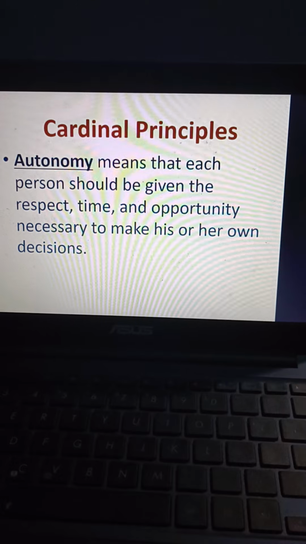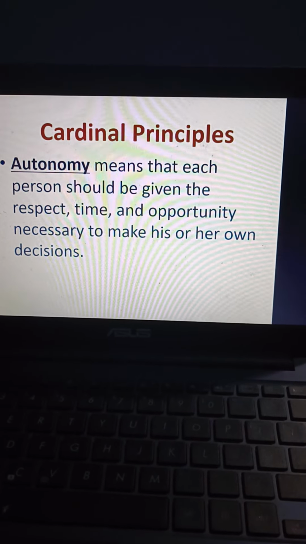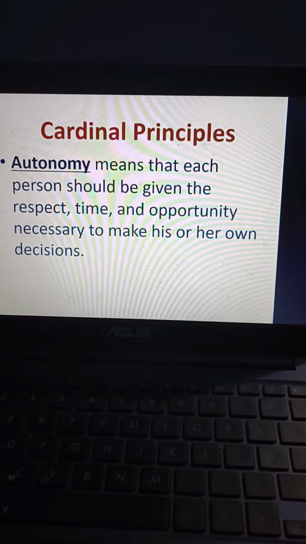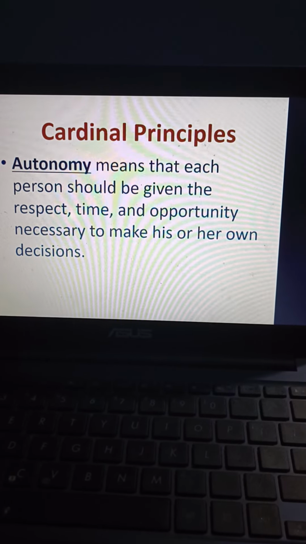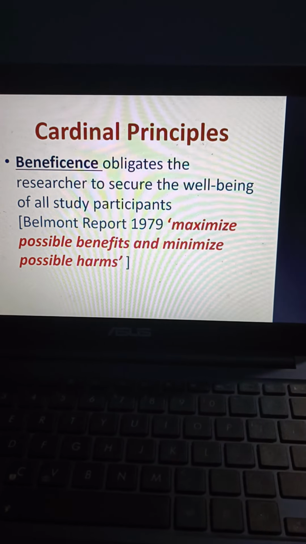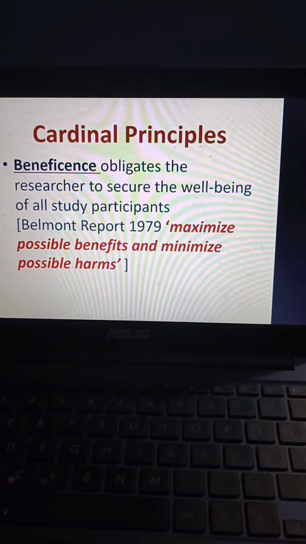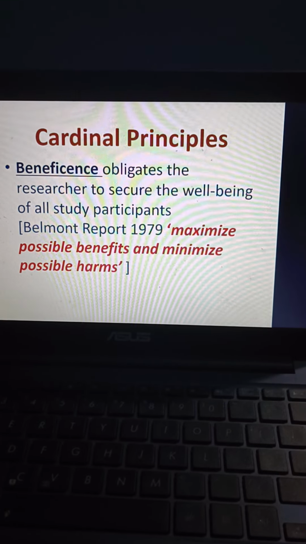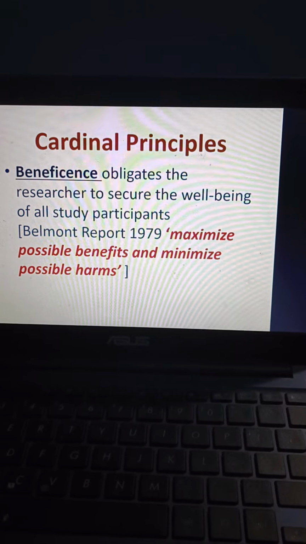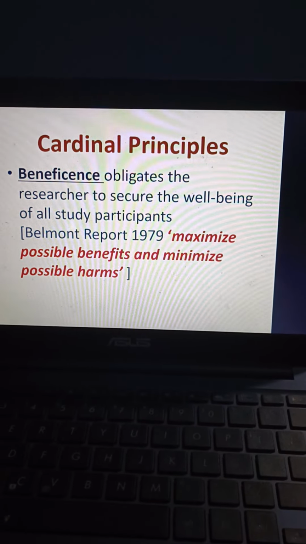Then coming to the cardinal principles: autonomy means that each person should be given the respect, time, and opportunity necessary to make his or her own decisions. Beneficence obligates the researcher to secure the well-being of all study participants; Belmont Report 1979: maximize possible benefits and minimize possible harms.